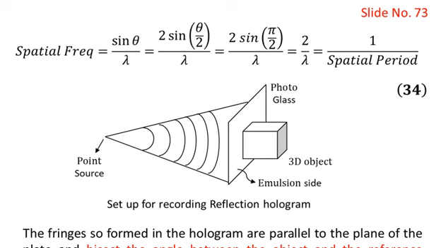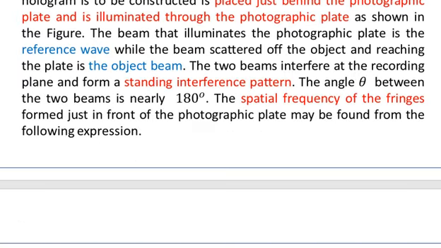There will be an interference between the light reaching directly onto the photoglass, which we may call the reference beam, and the contribution from the object, which is scattered off the object and reaches the emulsion side, which may be recorded as the object beam. These two together interfere at the photoglass, and the interferogram is recorded. So this is the setup for the recording of the reflection hologram.